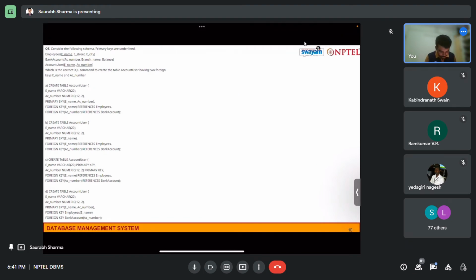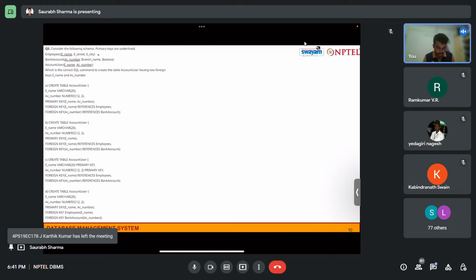Now next is based upon the use of foreign keys, or you can say referential constraint, when we use the foreign keys. Consider the following schema. Primary keys are underlined.